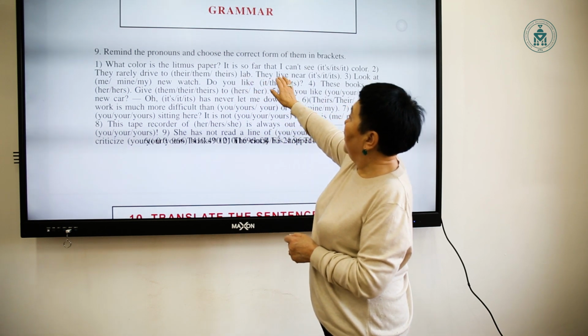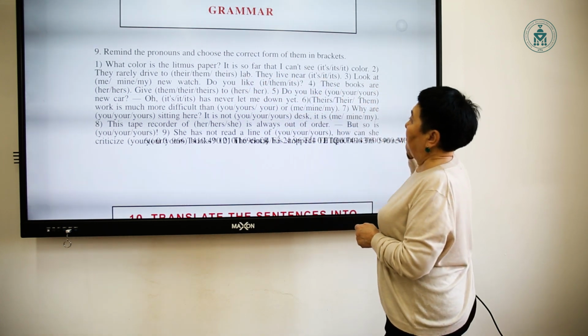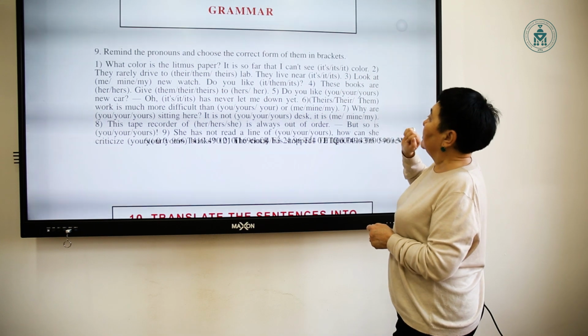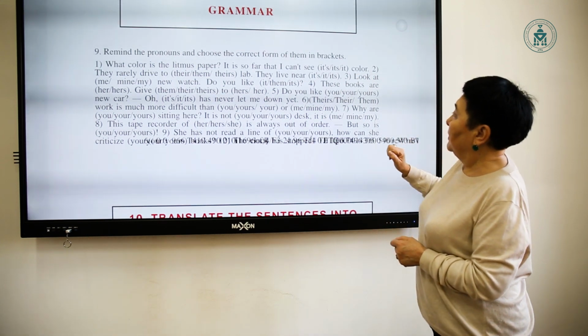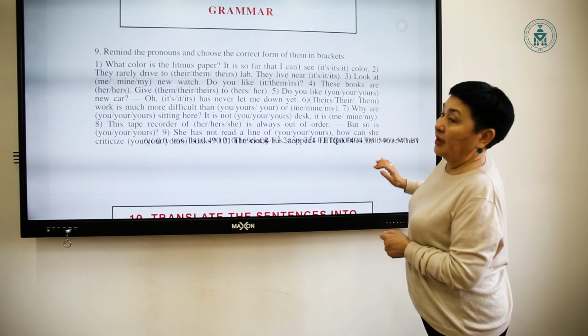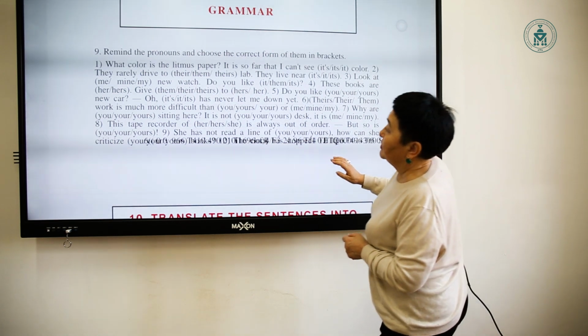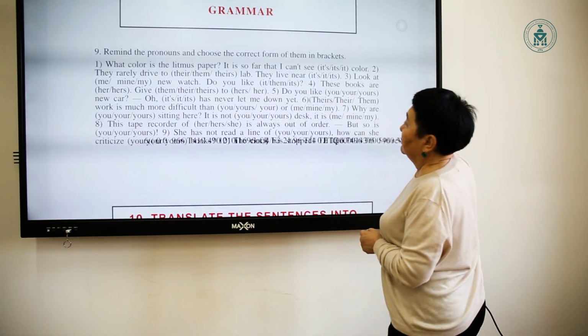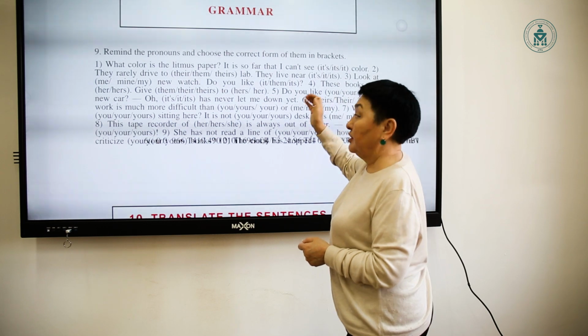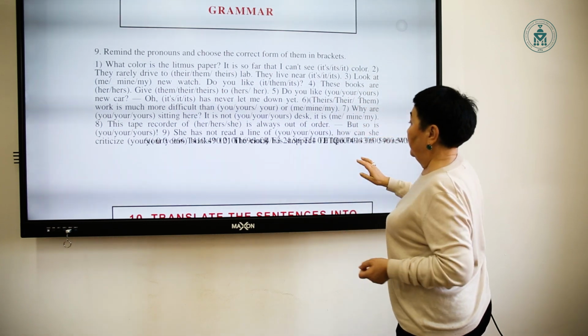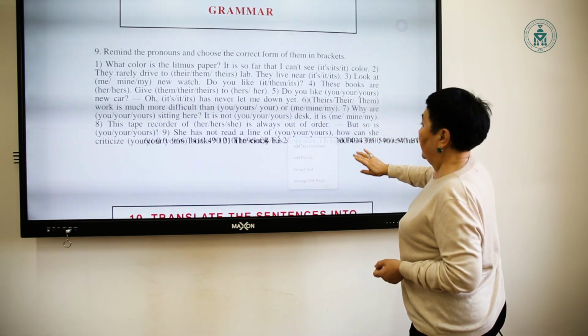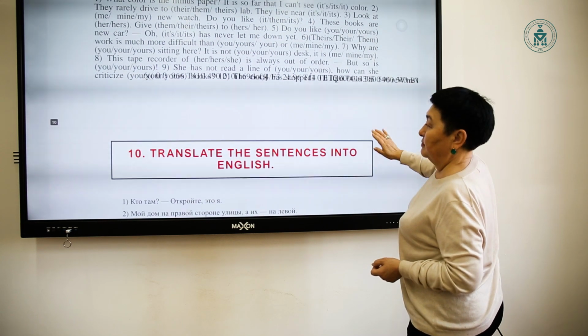It is so far that I can't see it or its color, you see, in this case. And the second, do you like them or its? They need to know. Yes. Okay, the next.